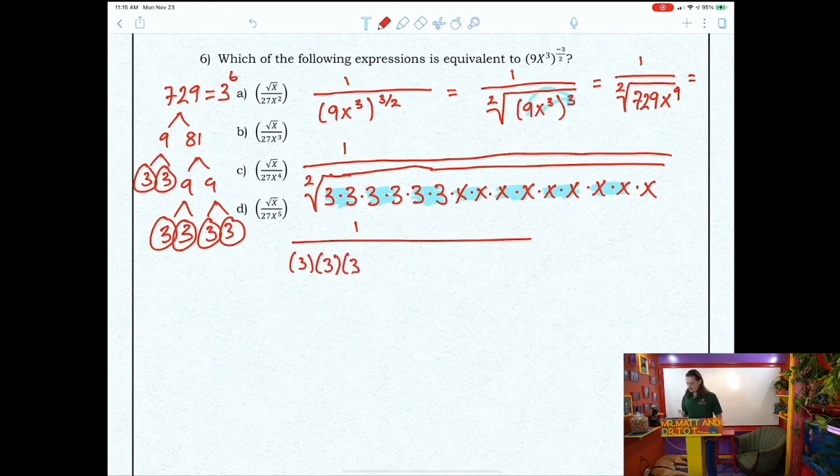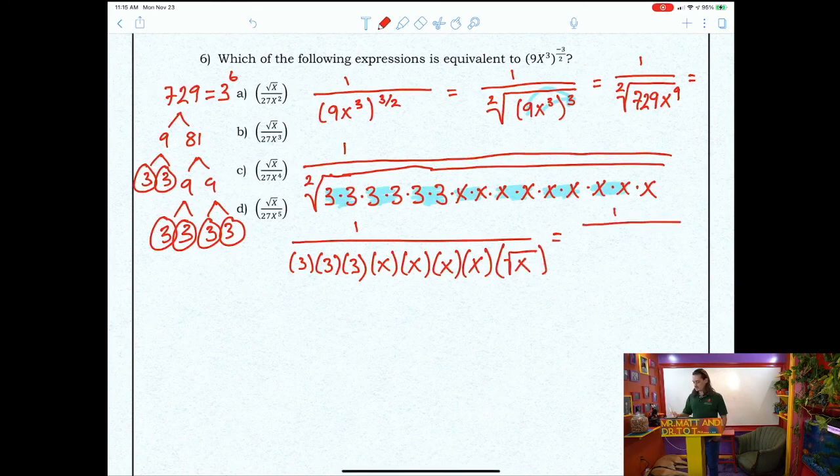And I can bring 4 x's out, so I'm going to have x times x times x times x. And I'm left with 1 x underneath the radical, so I'm going to have the square root of x remaining. So that's going to simplify into 3 times 3 times 3 is 27. x times x times x times x is x to the 4th times the square root of x.